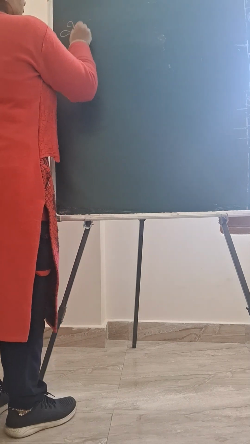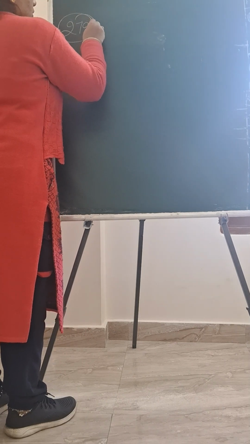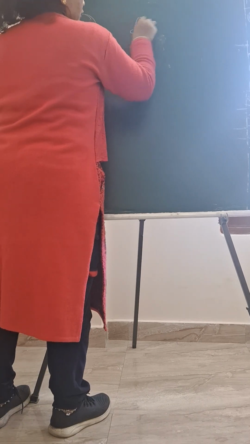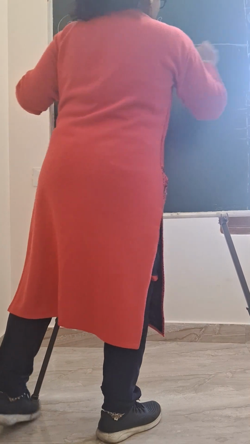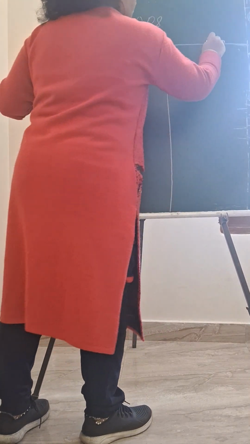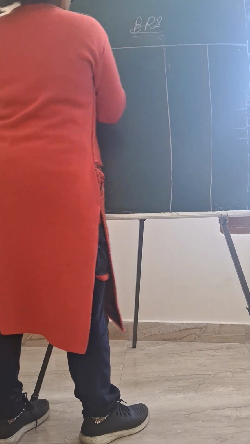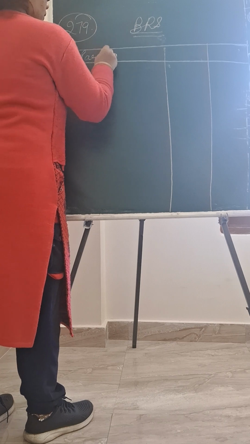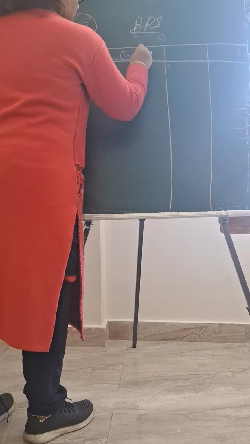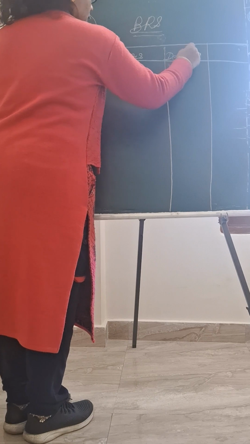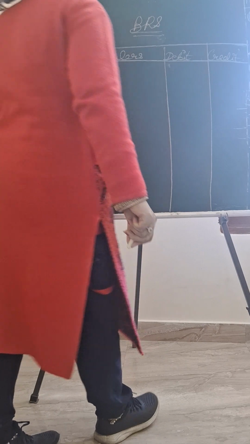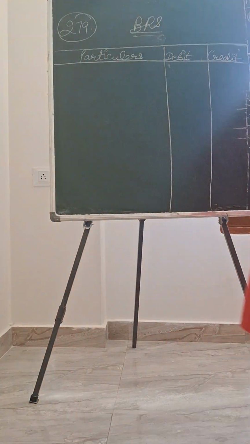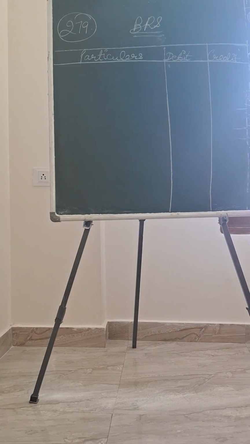Take a minute, breathe and focus on the final bank reconciliation statement, how the difference arises, and what the situations of debit and credit are. First there is particulars, then debit, and then credit. On one side there is debit, on the other side credit. That is very important.